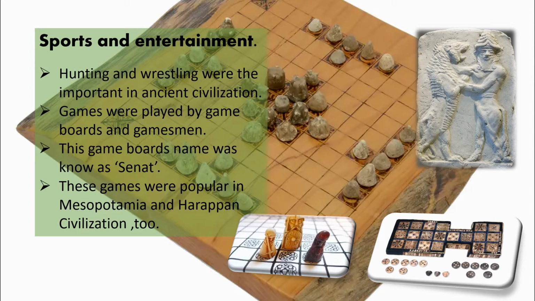This game was played with a game board and gamesmen. It was known as Senet. In ancient China also there were many games played with boards and gamesmen. Similarly, games were popular in Mesopotamia and the Harappan civilization too.